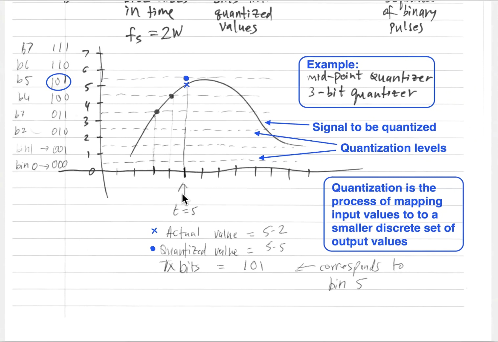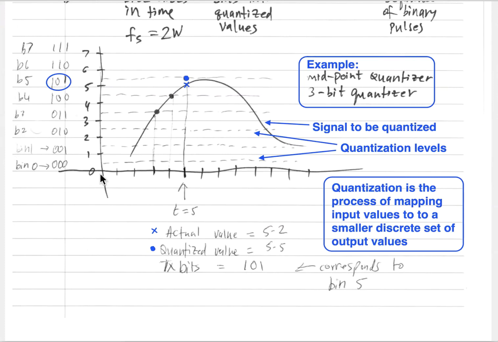For example, if this is 1, 2, 3, 4, 5, this is sampling point 5, or if I'm sampling every second, it's time t equals 5. And this x is the value of the signal at time t equals 5. Now to build a quantizer, I need to define a set of discrete output values.